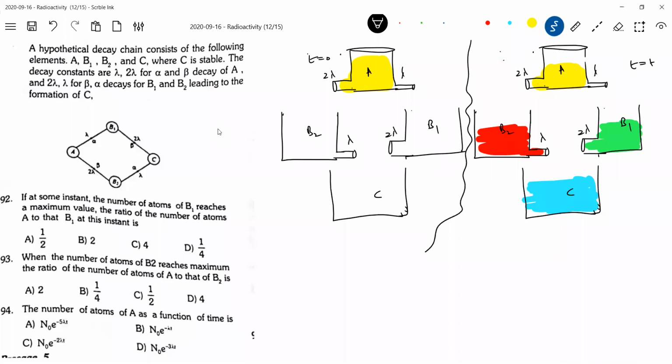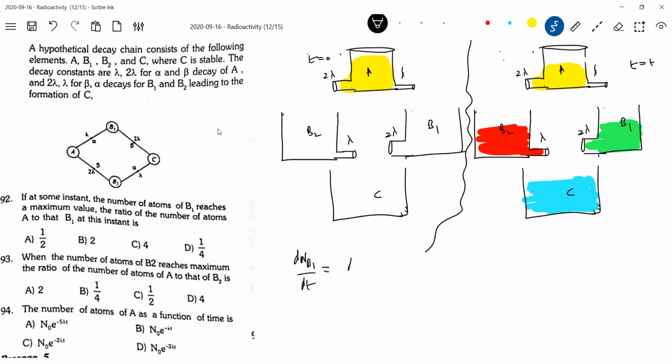So for B1, dNB1 by dt, what can we write? It is the rate of formation of atoms B1. That should be equal to the rate of production.